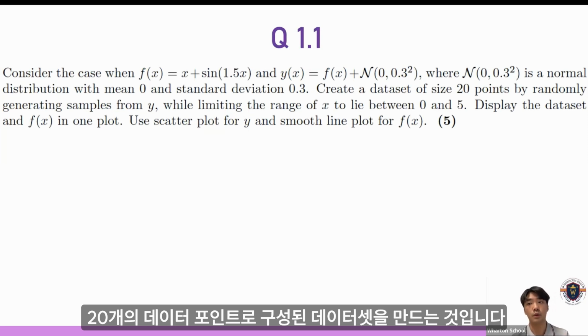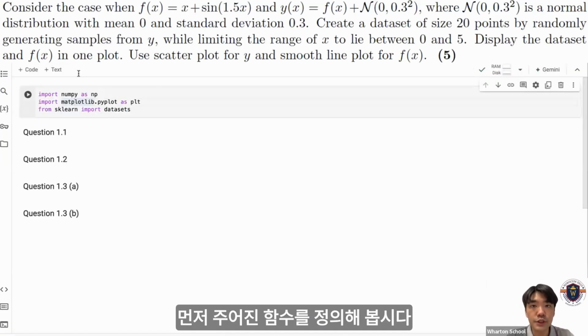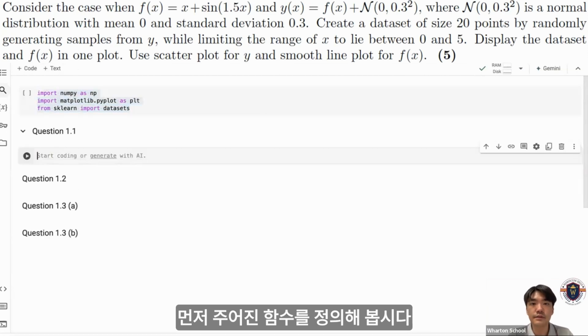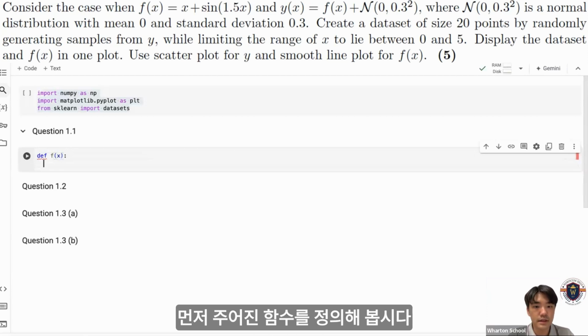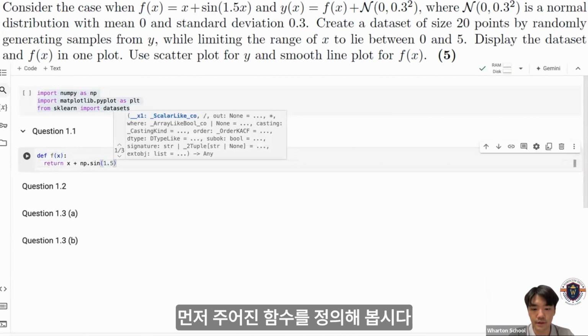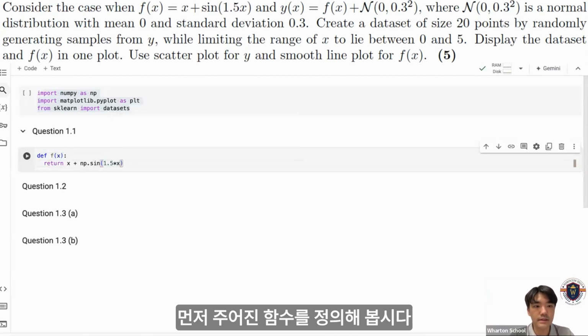So let's move on to the coding question. Before we do the first question, I've already imported some modules that we're going to use, like NumPy. Let's first define our given function, which is f(x) equals x plus NumPy sine, which we use for generating sine plots, multiplied by x.